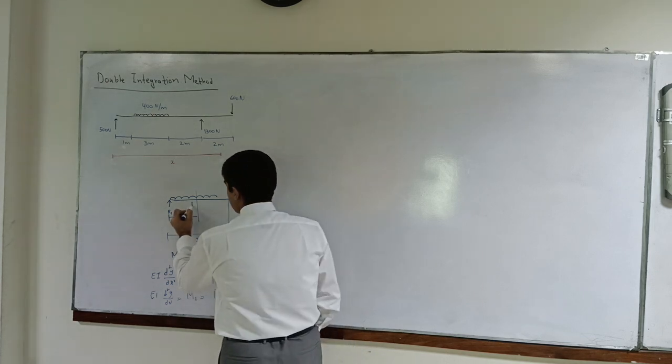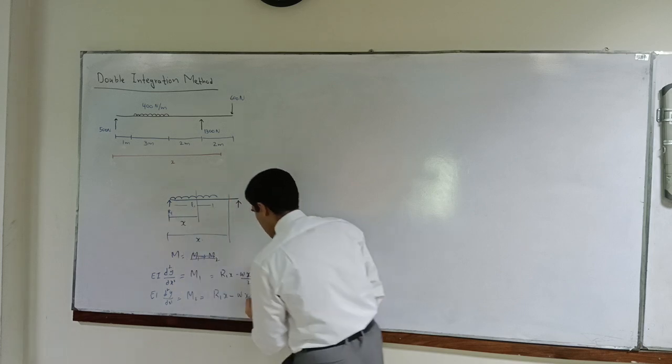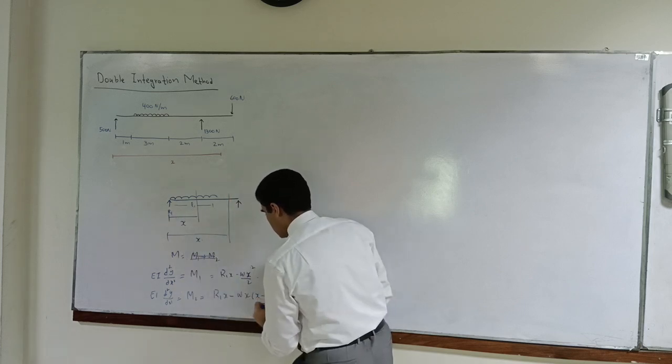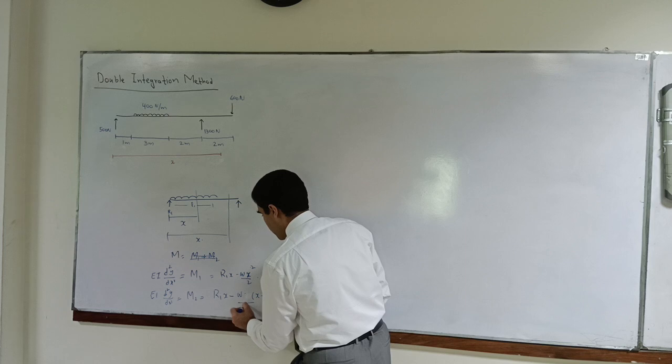Let this be L1. x minus L1, w into x minus L1 square divided by 2.